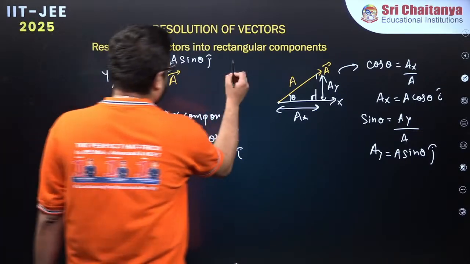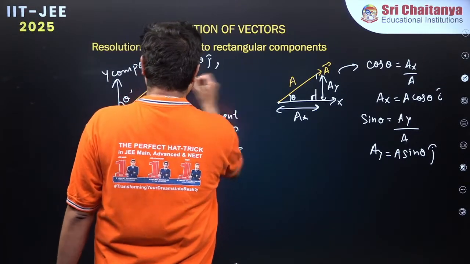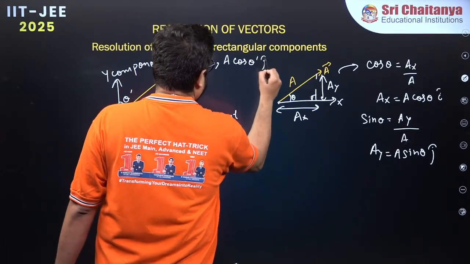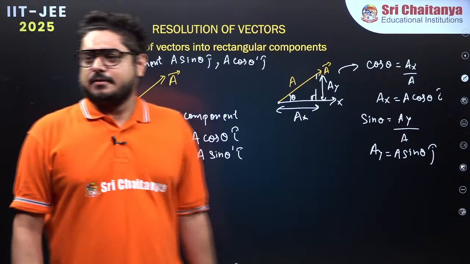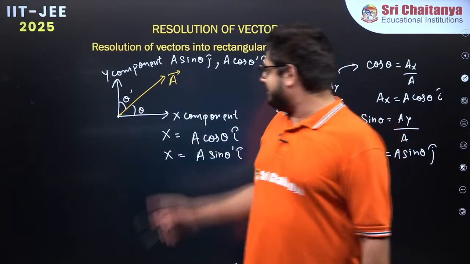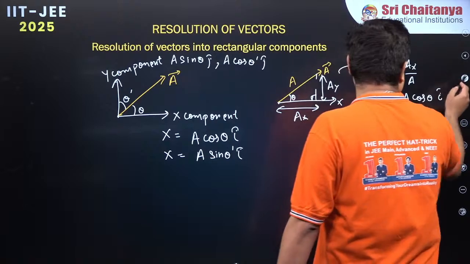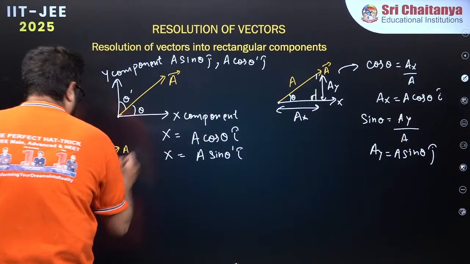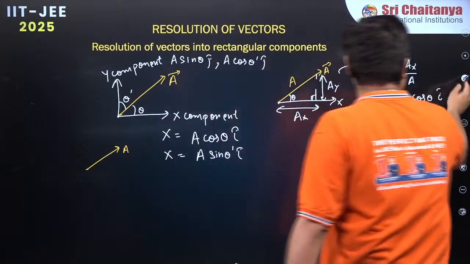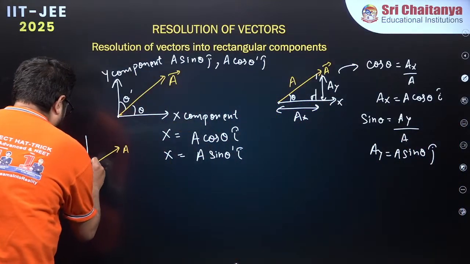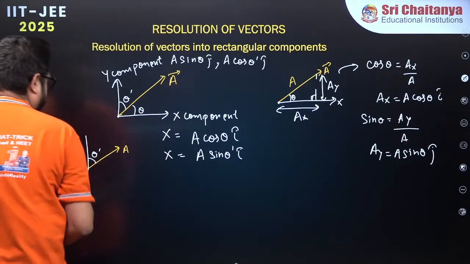And similarly, you can write down this y component over here as a cos theta dash j cap. Why not, Samarth? See this once again, what I will do. Pay attention. This is a. Now the angle it's making is with respect to the y-axis, isn't it? Now the angle is with respect to the y-axis, which is theta dash.